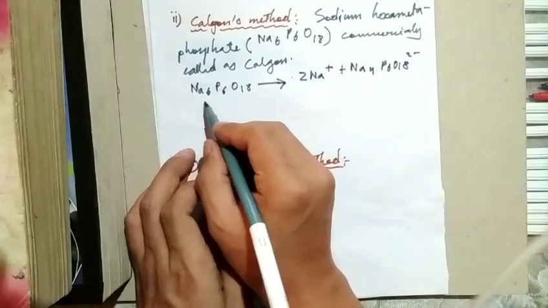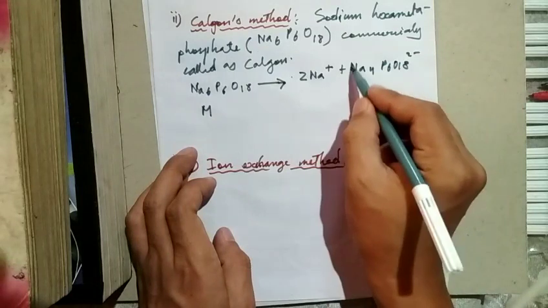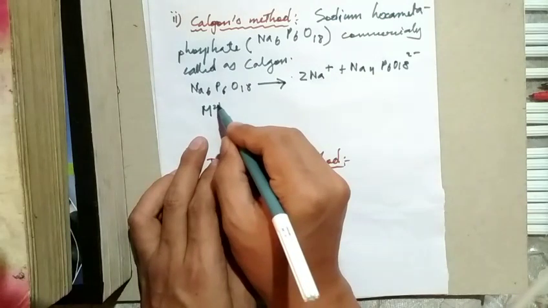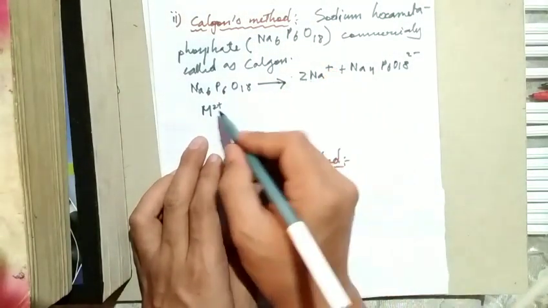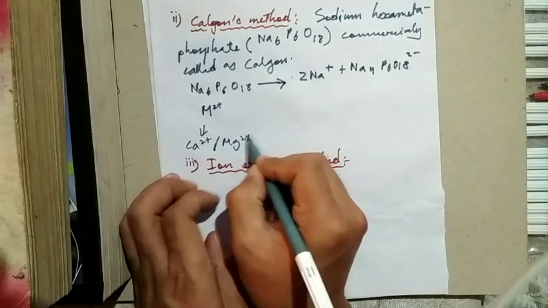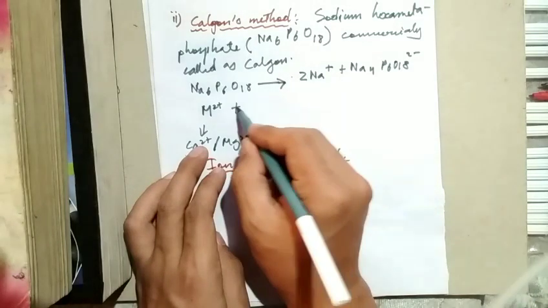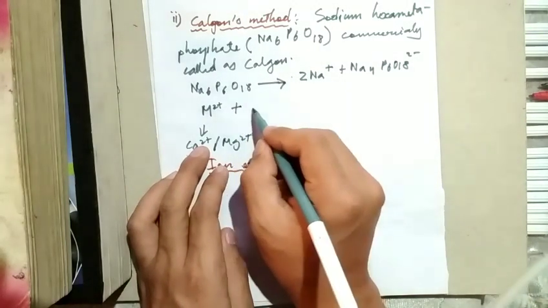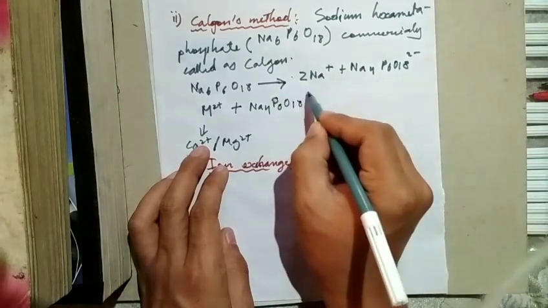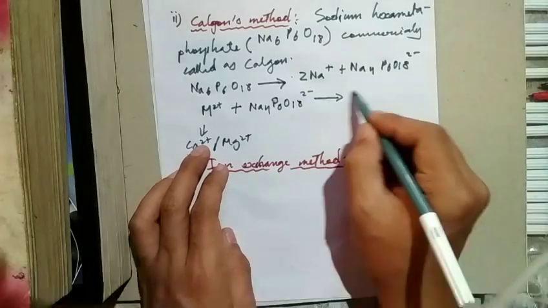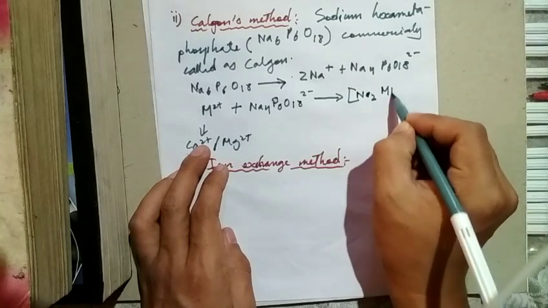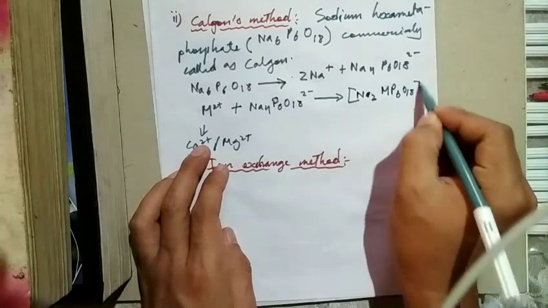Next, after getting this product, this product will react with calcium and magnesium soluble salts. M represents Ca2 plus, Mg2 plus. So it will react with those calcium or magnesium salts, with Na4P6O18 2 minus, and it will precipitate as Na2MP6O18 2 minus.